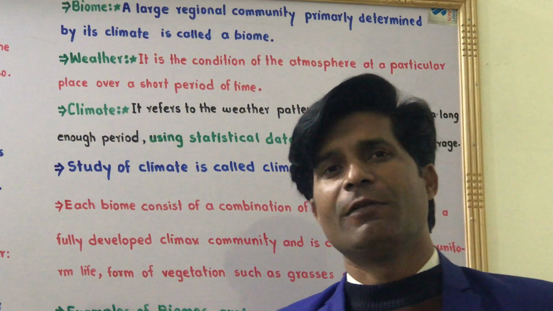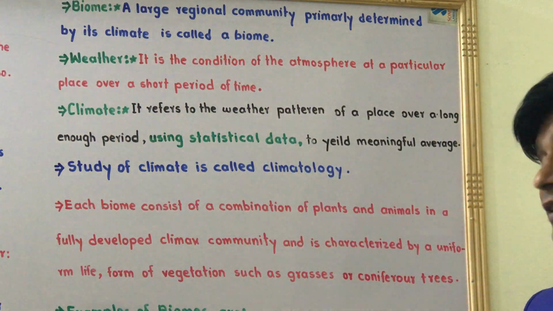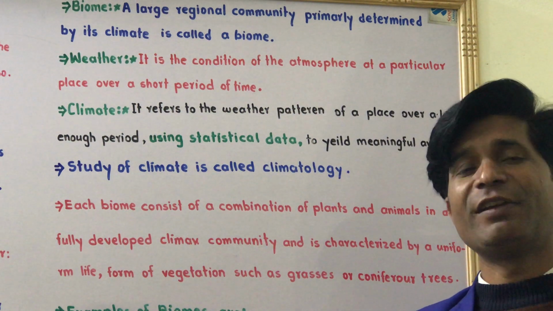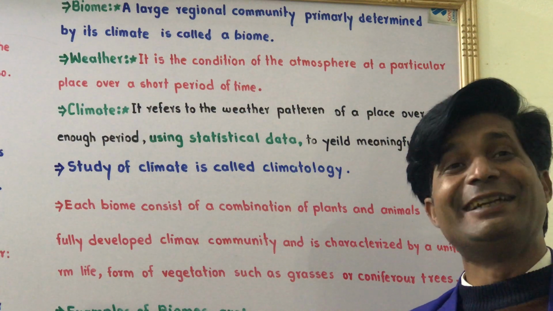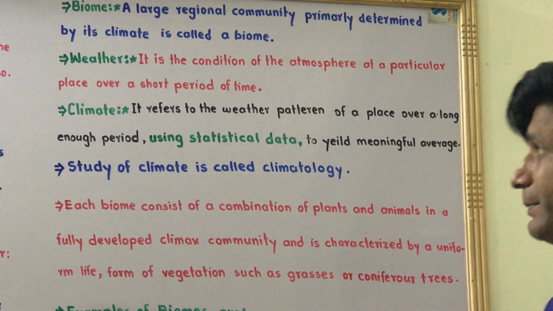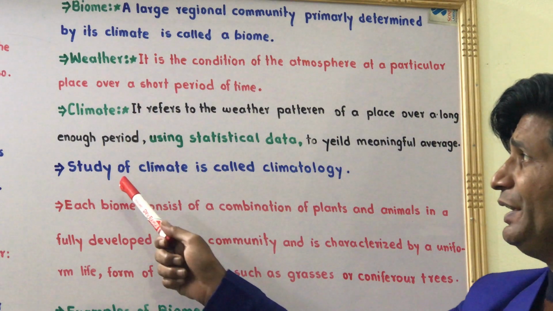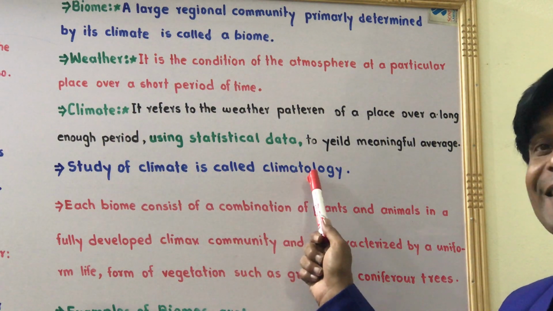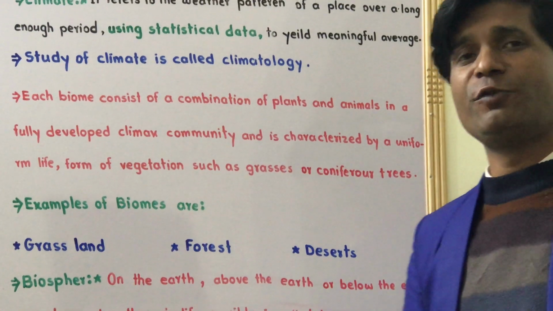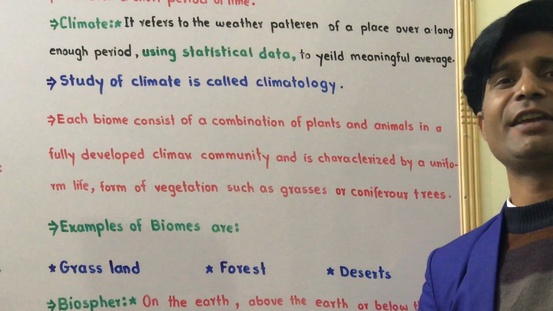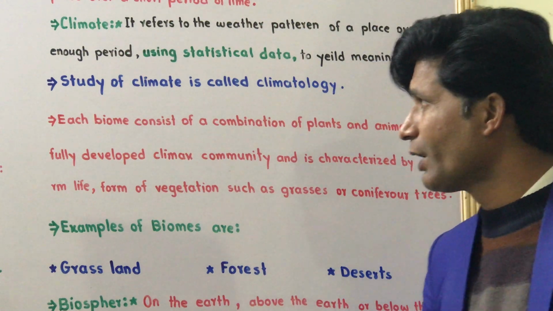That is why we calculate the weather condition over a longer period of time in order to predict the conditions. Remember one thing, the study of climate is called climatology. It is again another branch of biology in which we study the weather condition and climate condition of an area.